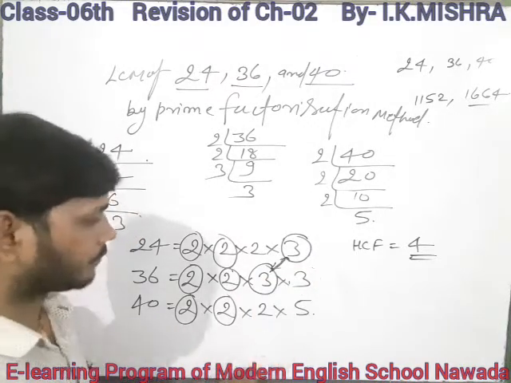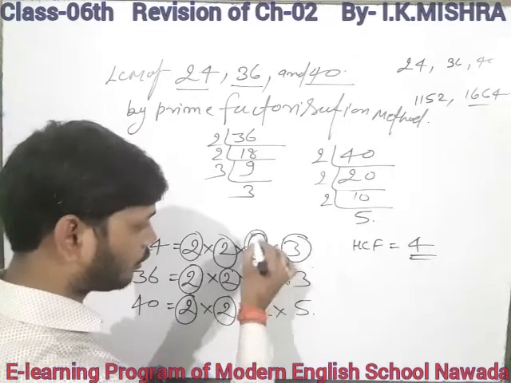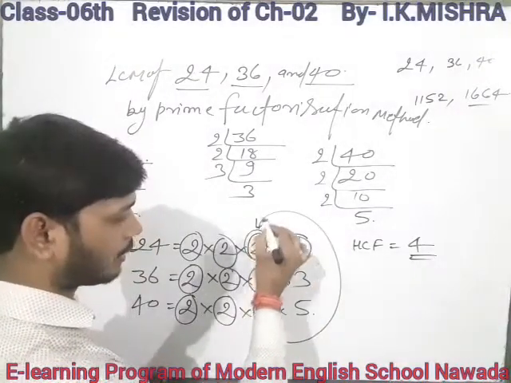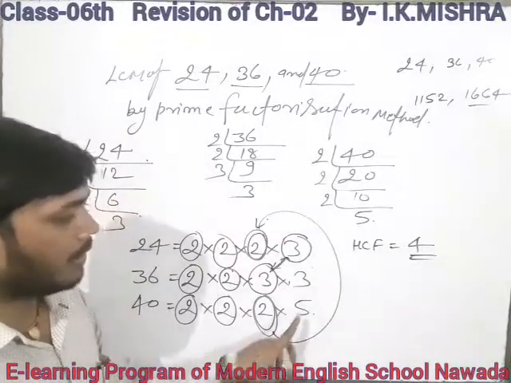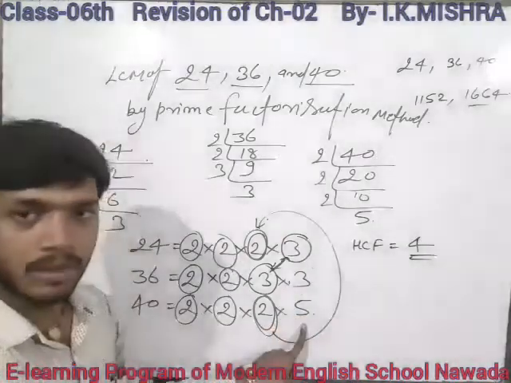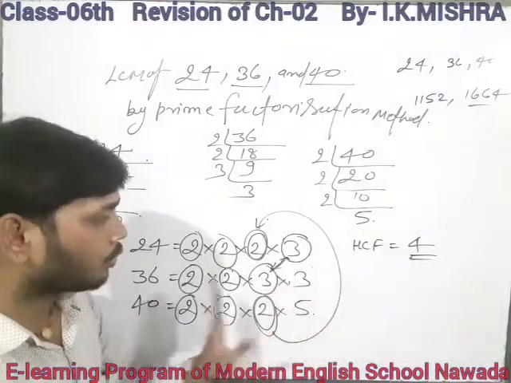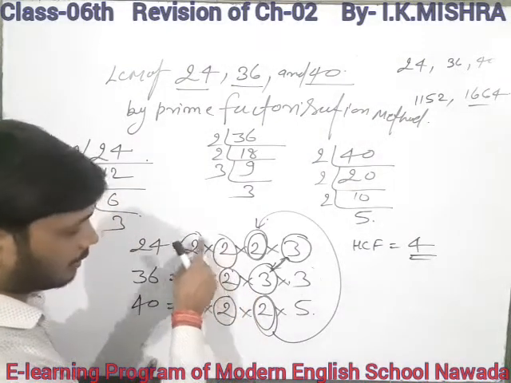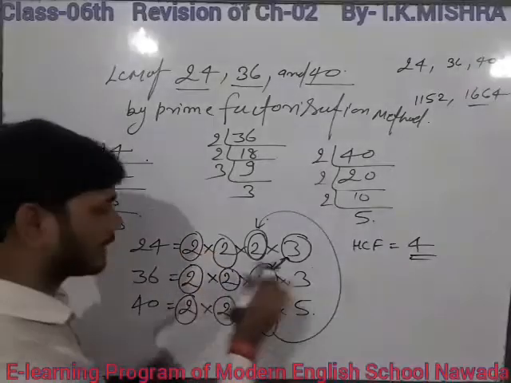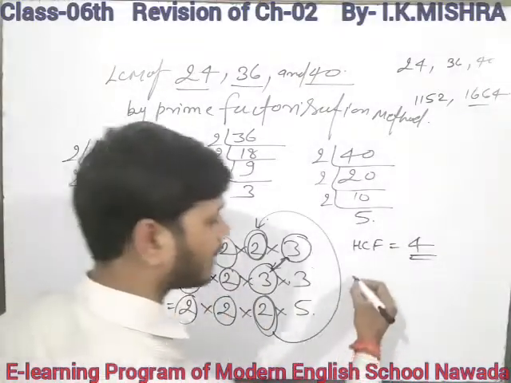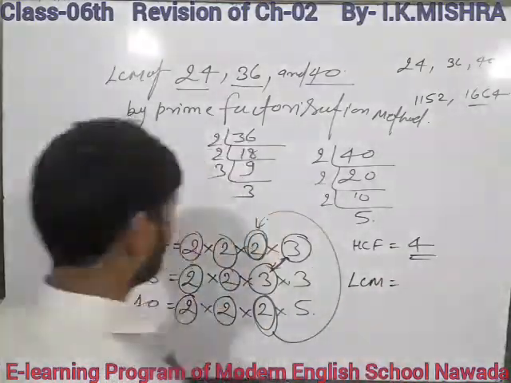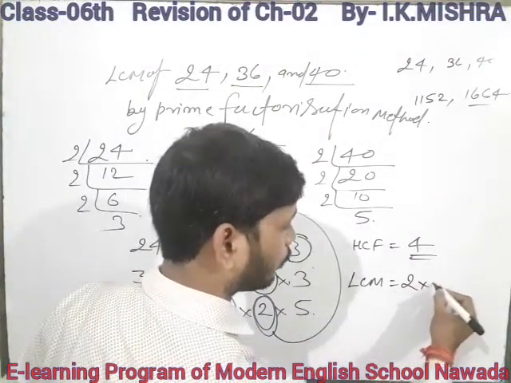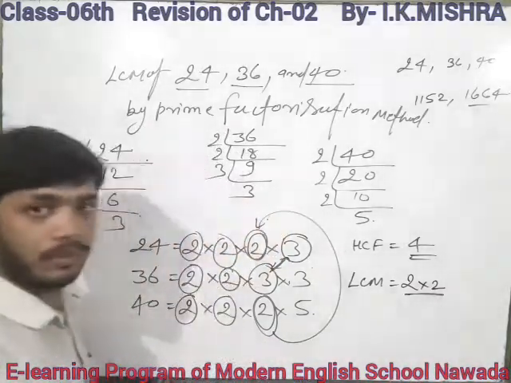Now 2 and 2 are common in both, and 5 is not common in anyone. So observe, first of all write the HCF one time, so its LCM is equal to 2 into 2 into 2, that means this is the HCF.